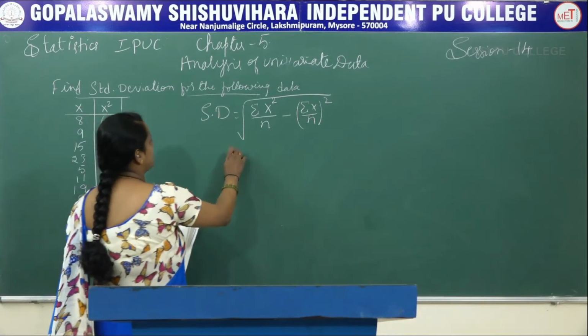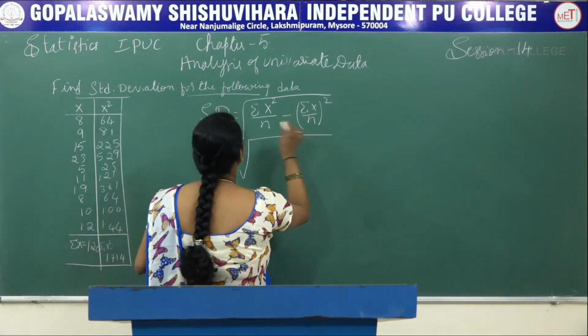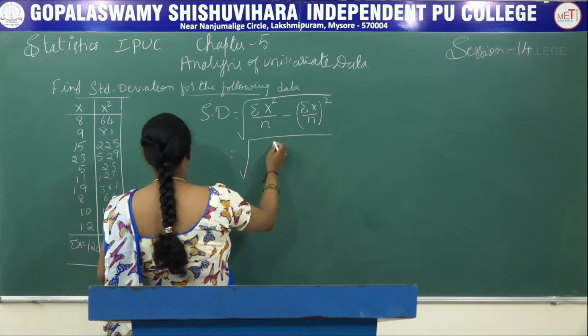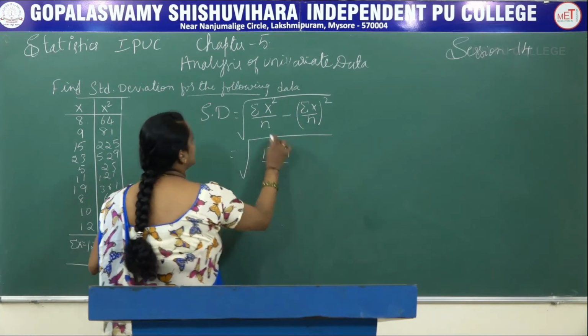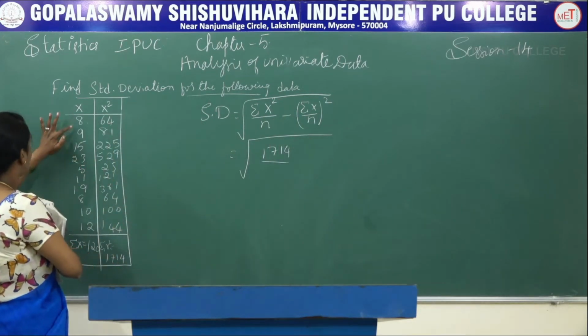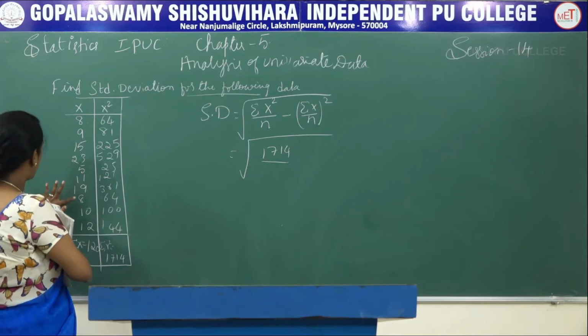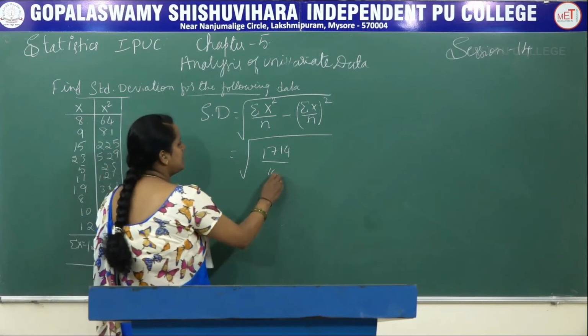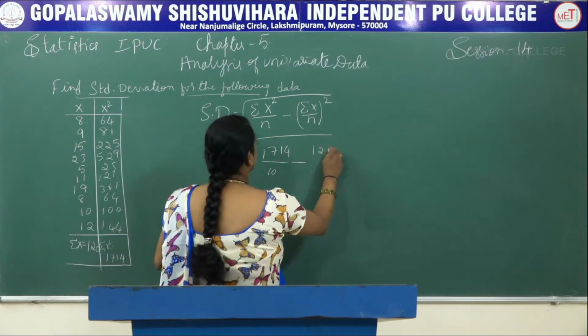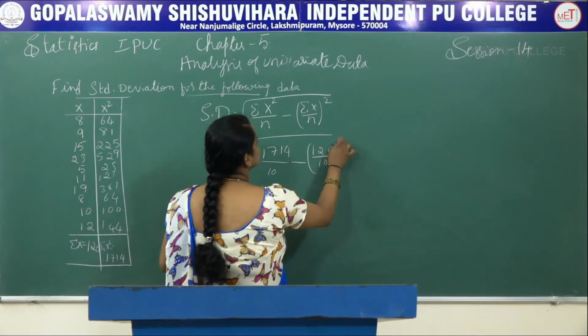Substitute these values: square root of summation of x square, 1714, and n is the number of observations, which is 10, minus 120 divided by 10 the whole square.